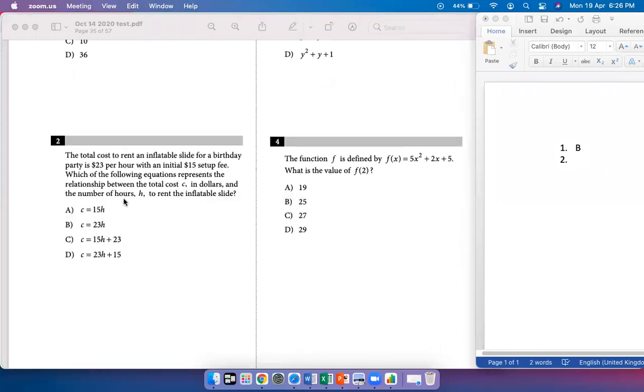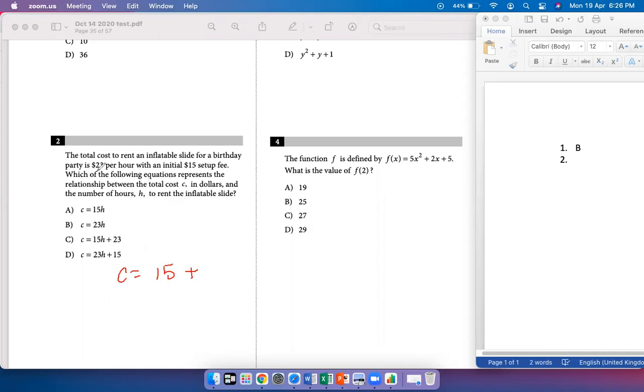Question 2. The total cost to rent an inflatable slide for a birthday party is $23 per hour with an initial $15 setup fee. Which of the following equations represents the relationship between the total cost C and the number of hours to rent the inflatable slide? So the total cost will include the setup fee, which is 15.